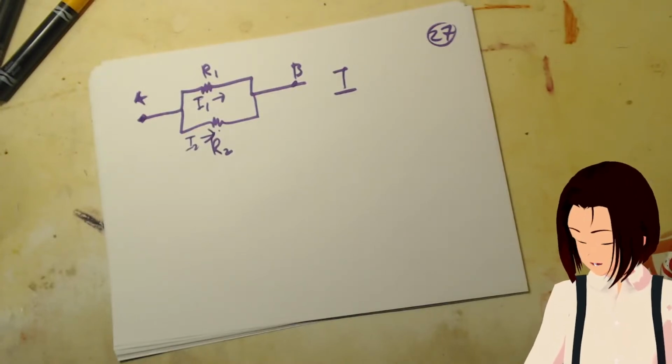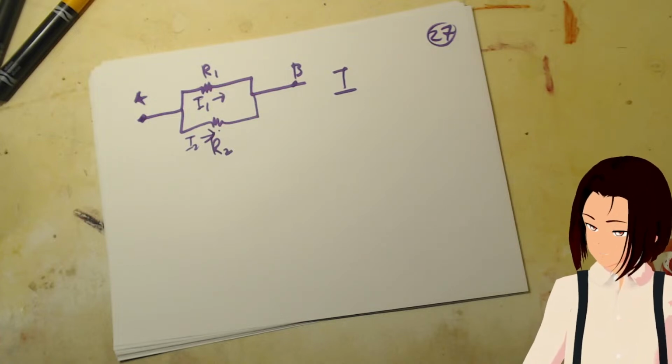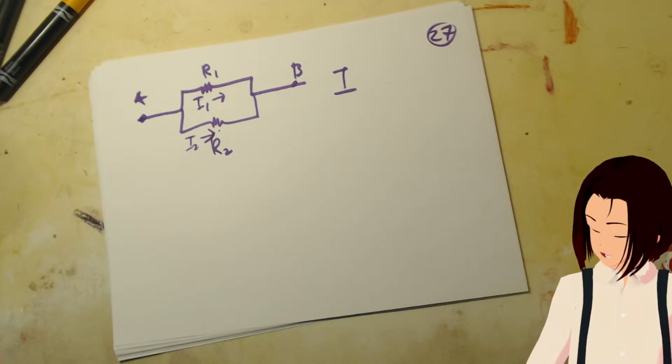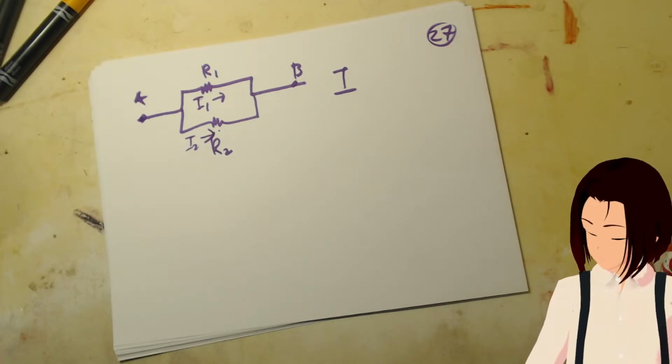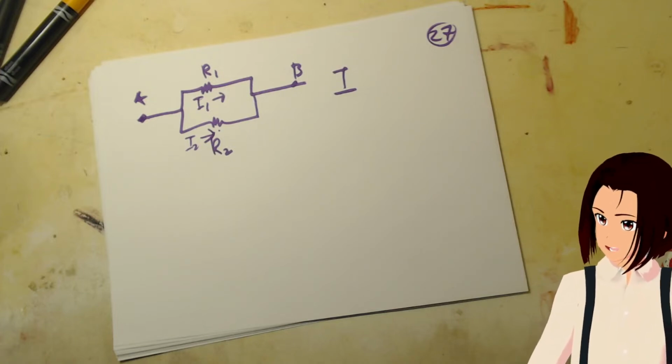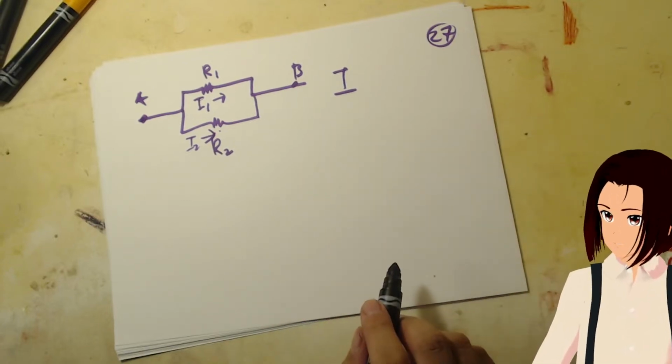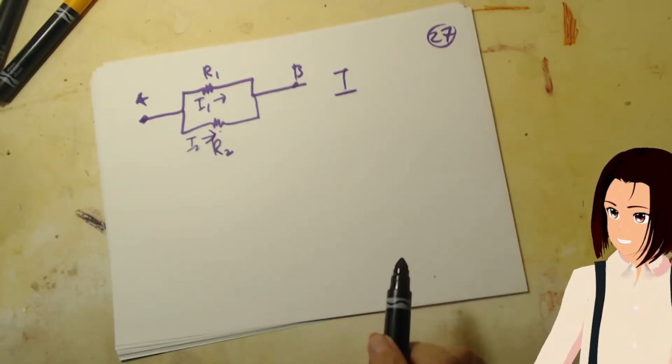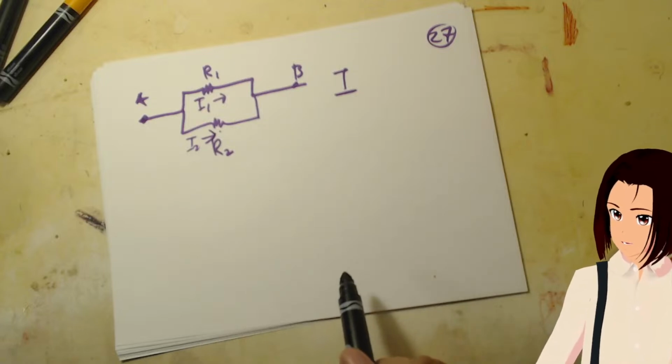So, we know the voltage. Okay, I'm going to ask you a question. We know the total current, the big current I. What's the simplest relationship you can write for I?